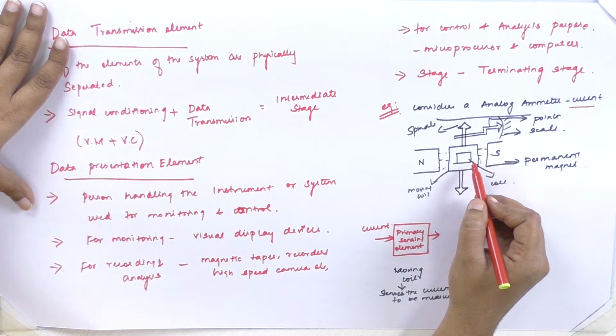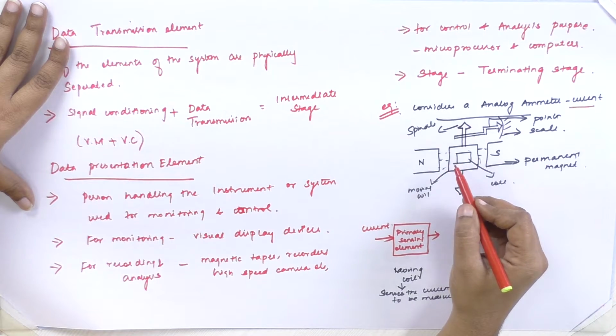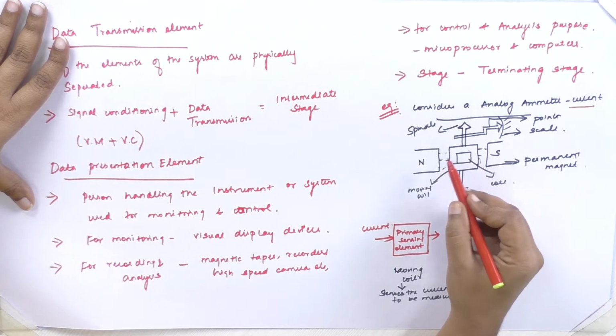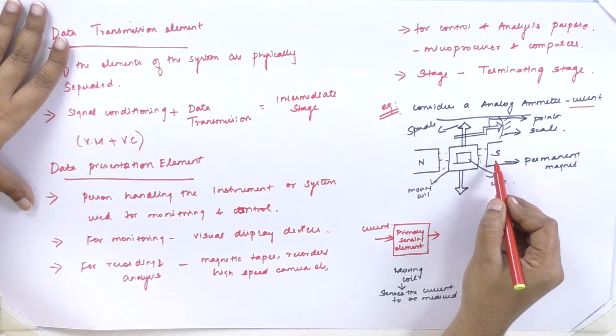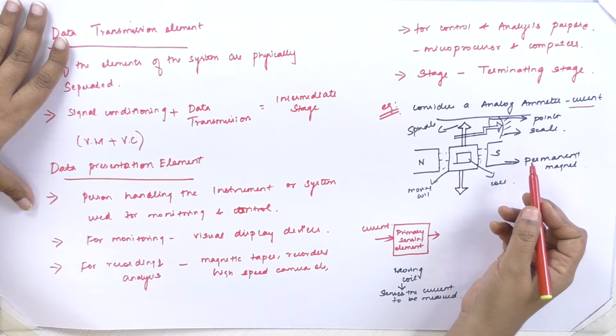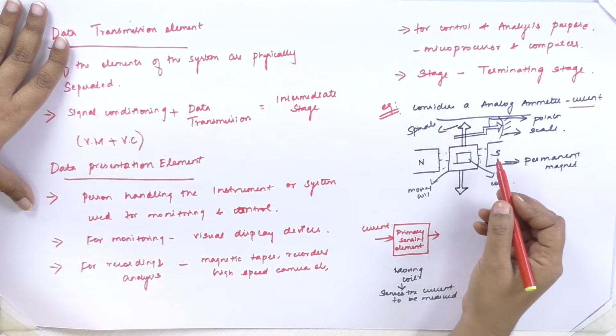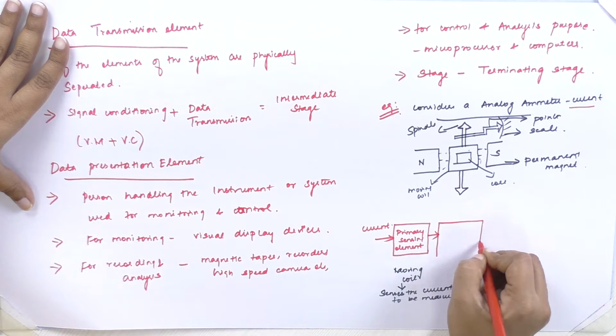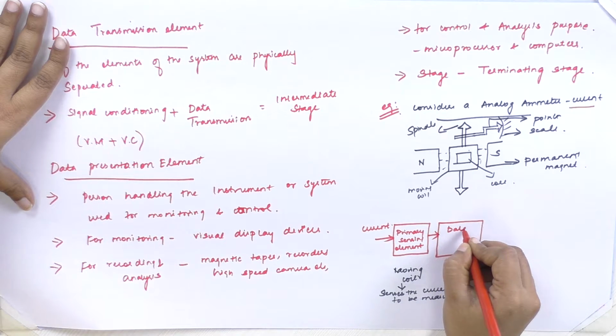So, what happens now? The current which is flowing through the coil is converted into a force which makes the coil rotate in the magnetic field of the magnet. The current in the coil is converted into force. So, there is a conversion of this quantity. So, the second element will be the data conditioning element.